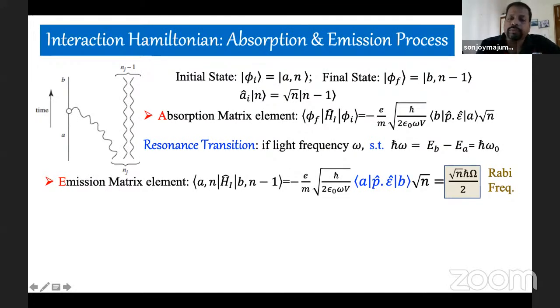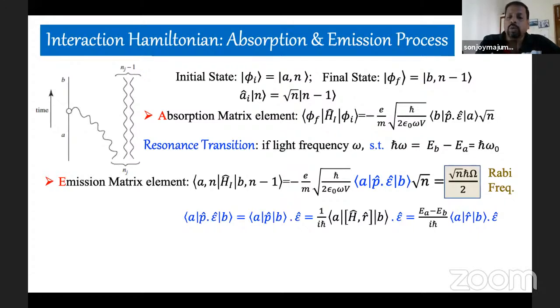As you see, in both cases, A to B or B to A, it will be the same. So the Rabi frequency is one of the quantities that signifies the coupling between the quantized light and the electron in the atom.